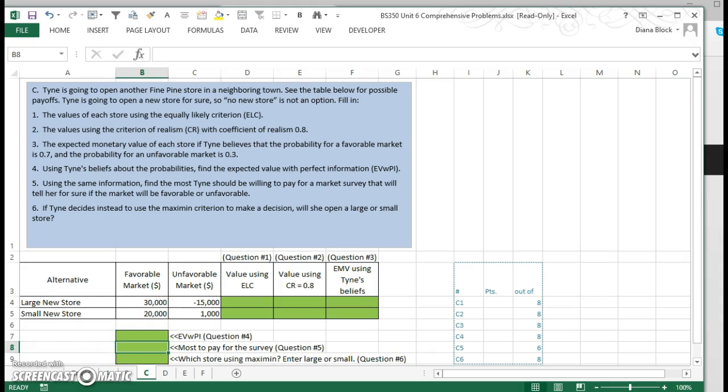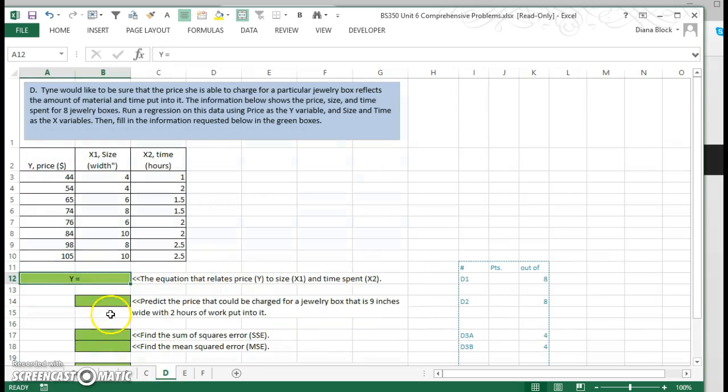And so then to get the most to pay, you're going to take your results from EVWPI and subtract the EMV that you calculated up here. And then you'll also put down which store you will choose using max and min. Remember, max and min is the decision using the worst case scenario. So review Chapter 3 to be able to complete those problems.